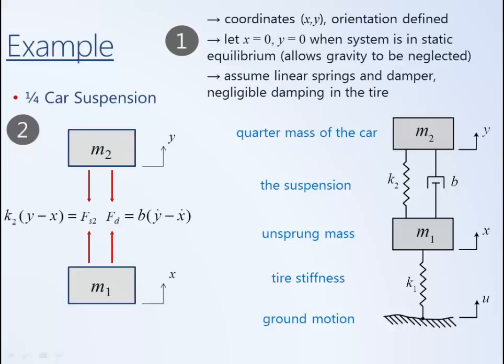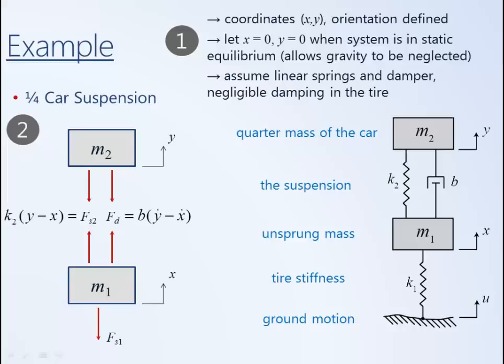For mass 1, we will also have the force generated and applied by the spring with stiffness K1. And so again, in this case, we can use this approach where I imagine that the ground is fixed. I move the mass in the direction of positive x. That stretches the spring, thereby applying a force that will want to pull the mass downward.